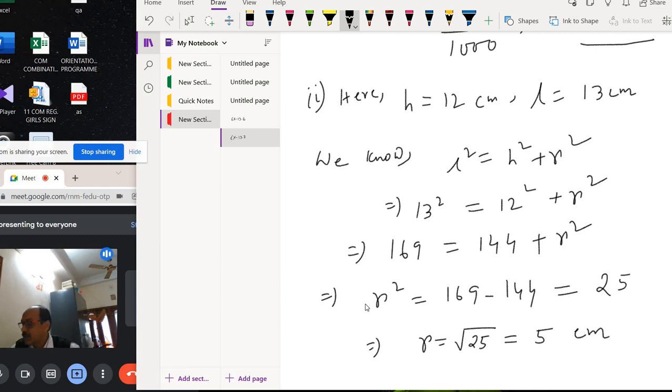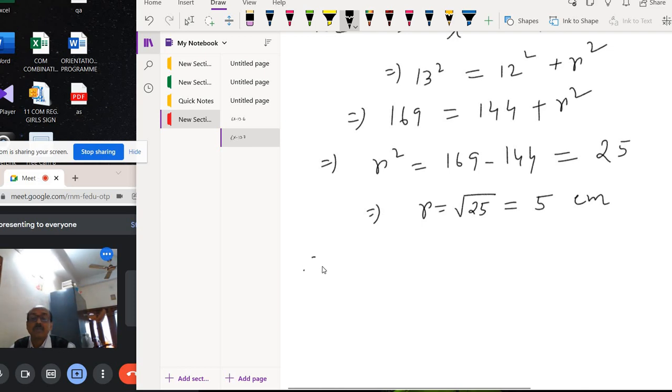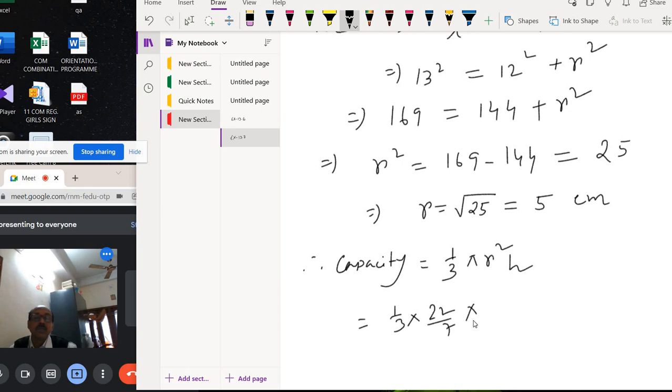Now its volume, that is capacity. Therefore capacity equal to 1/3 pi r square h. Equal to 1/3 into 22 by 7 into radius 5 into 5 into height.